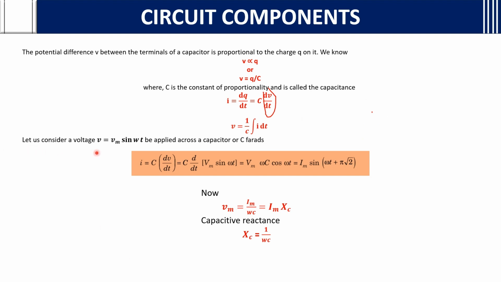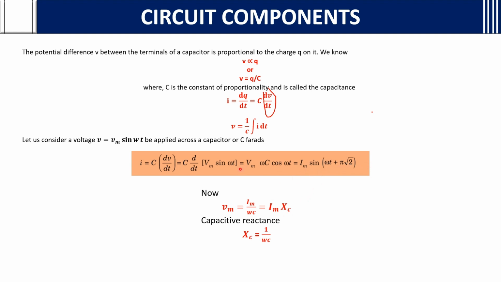Then let us consider a voltage V equals Vm sin omega t. If V is Vm sin omega t, applied across a capacitor of C farads, then I equals C into dV by dt, C into d by dt of Vm sin omega t. Then this equation appears: I equals Im sin(omega t plus pi by 2).